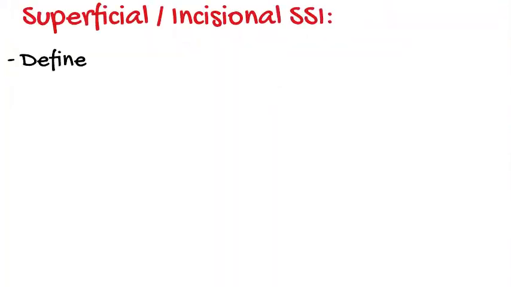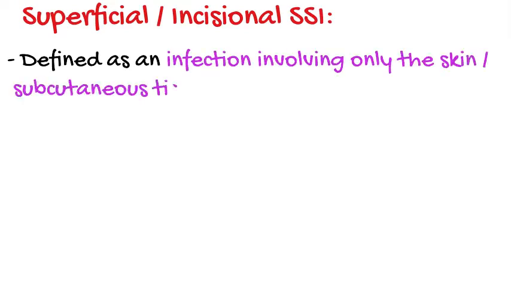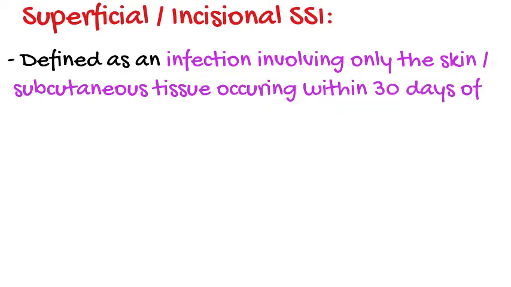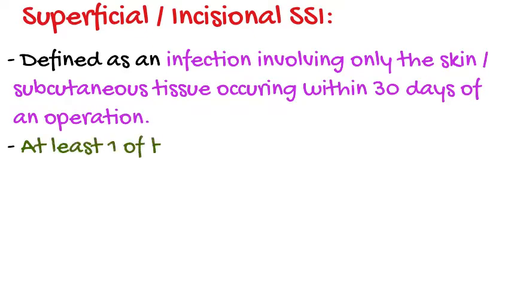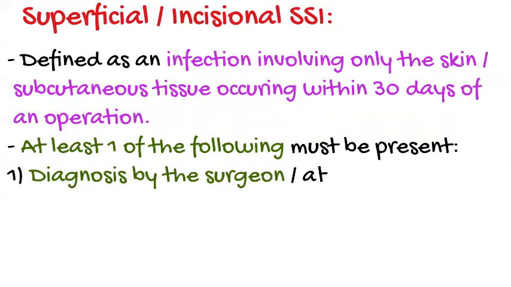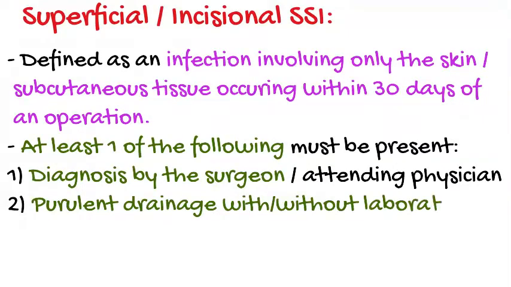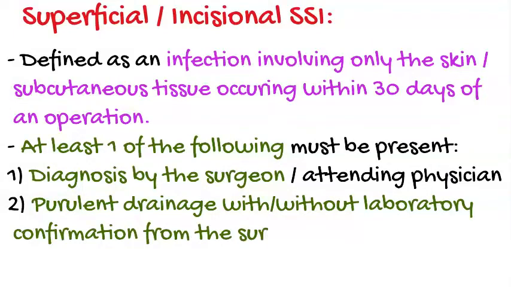Again, superficial or incisional surgical site infection is defined as an infection involving only the skin or subcutaneous tissue occurring within 30 days of an operation. At least one of the following must be present to diagnose it. Number 1, diagnosis by the surgeon or the attending physician.